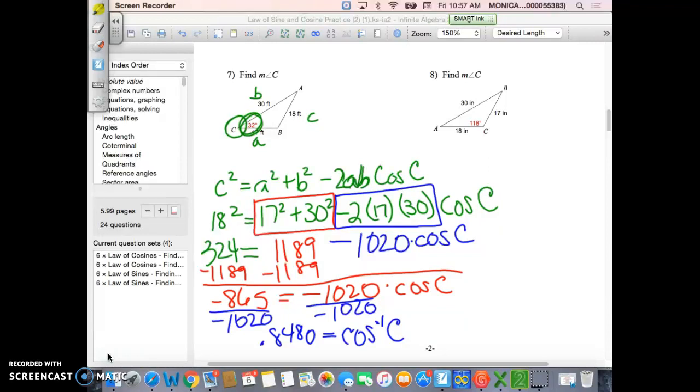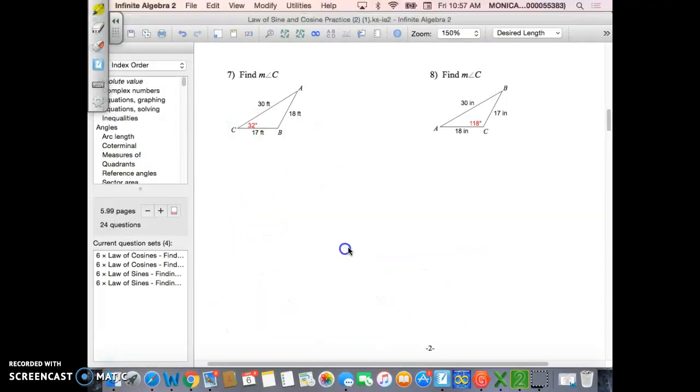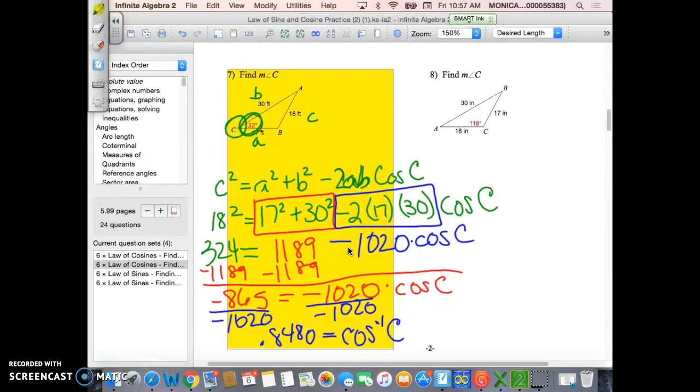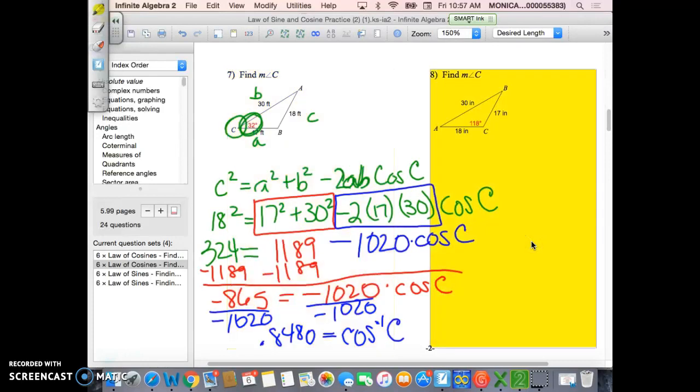It doesn't matter whether you're solving for A, B, or C. If you're given the 3 sides, you're going to have to block out your 2 terms, solve the 2 terms, subtract, and then divide every time, and then do the inverse of cosine.